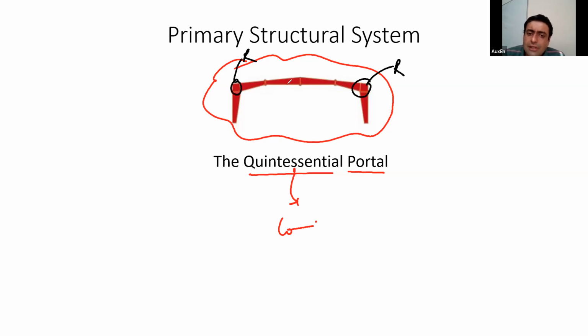Generally, we will call this a rafter. So in PEB terminology, we will call this a rafter. We will not call this a beam, but we will call this a rafter, and this we will call a column. Understand that. Clear?